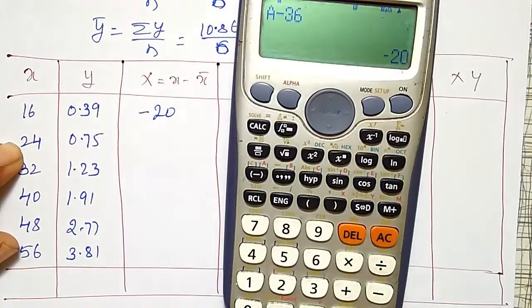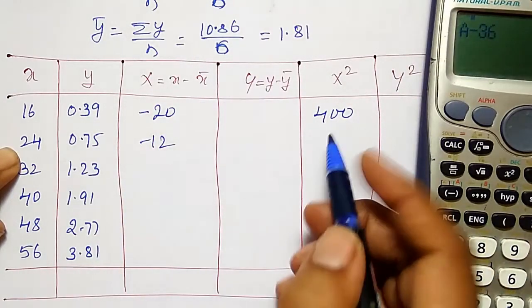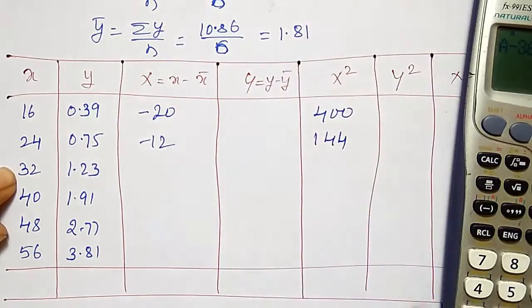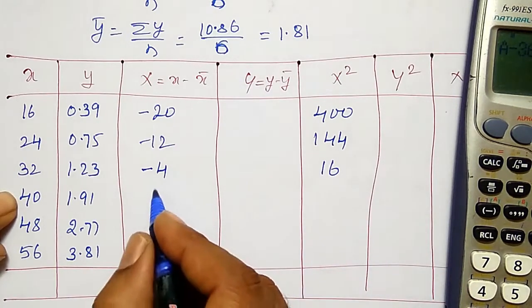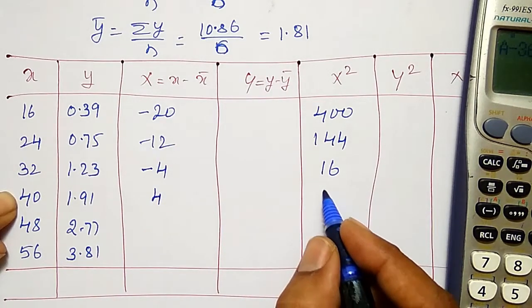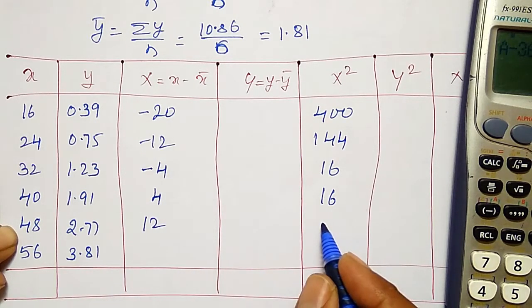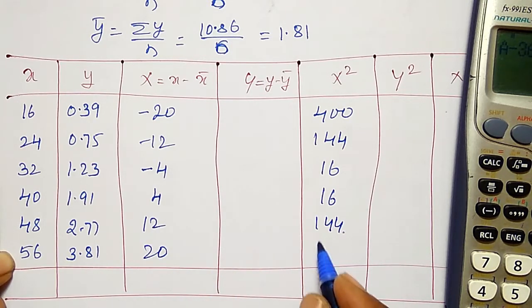Next, 24 gives minus 12, and its square is 144. 32 gives minus 4, and its square is 16. 40 gives 4, so 16. 48 means 12 again, so 144, and 56 means 20 again, and it comes out to be 400.